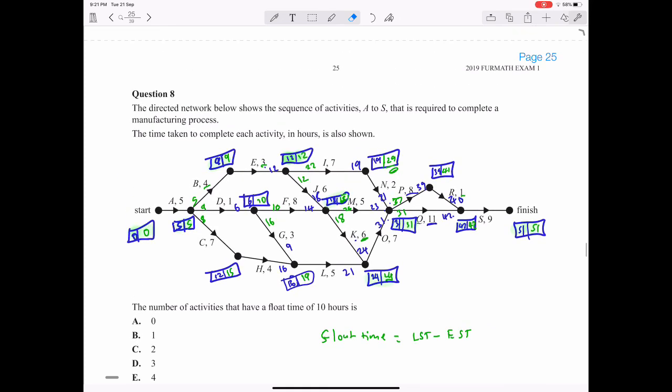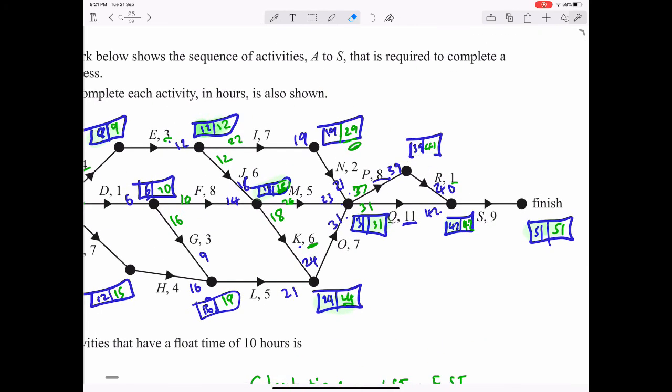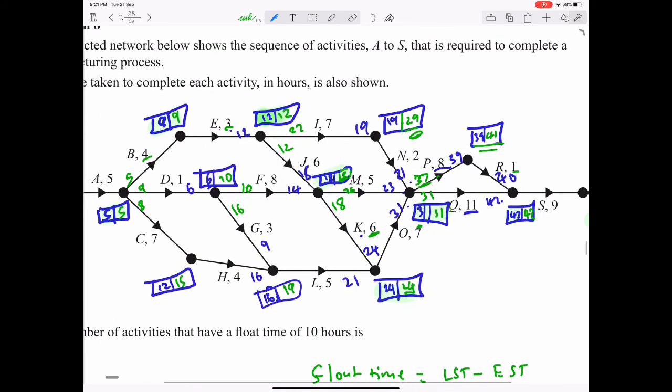So we're going to look for activities that have a float time of 10. We'll start off from the right side. Activity R, we look at the left side box, there's a float time of 2, so that's not the right answer. Activity P has a float time of 37 minus 31, which is 6. And activity Q has a float time of 0, so none of those.